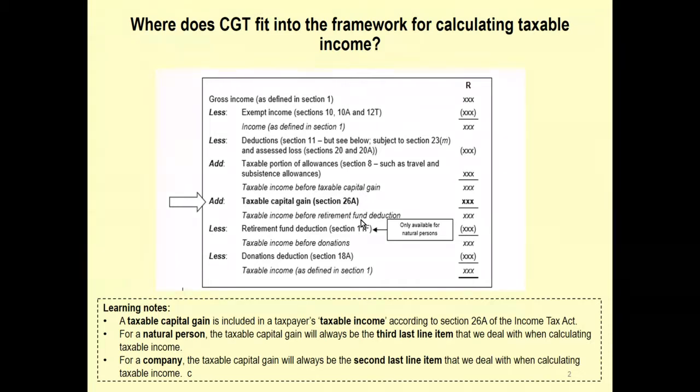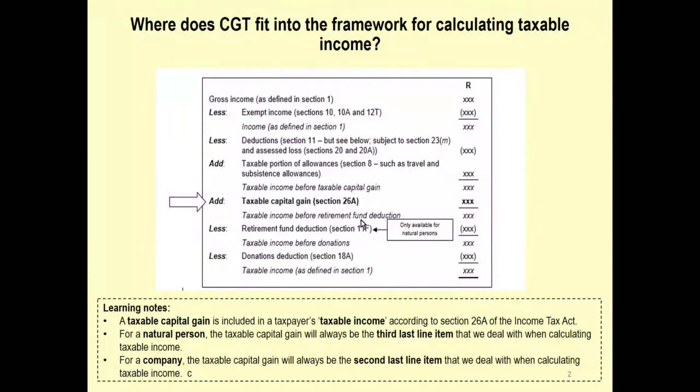With CGT, or a taxable capital gain, it actually matters where you put it into the framework. I've said so many times over the past couple of months, and hopefully you would have picked it up in the study guide as well, that you don't have to strictly place all gross income items first in your calculation, and only after that deal with exemptions.